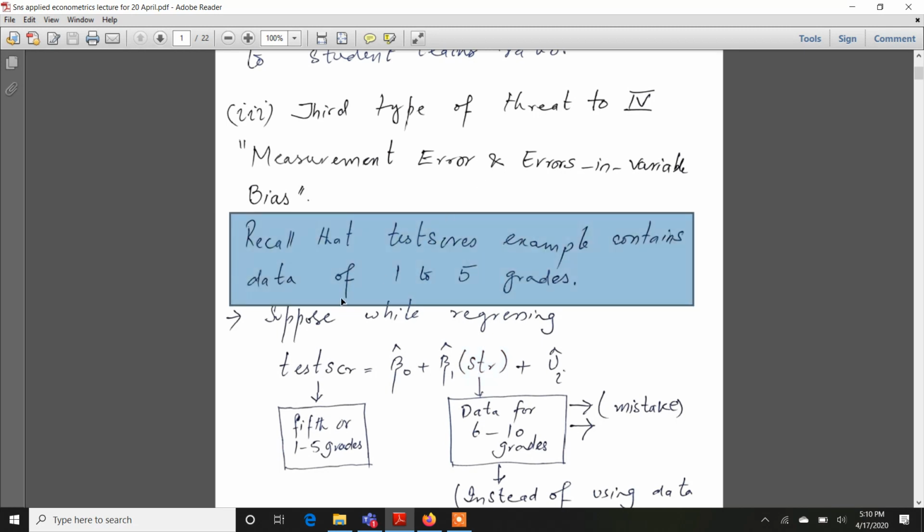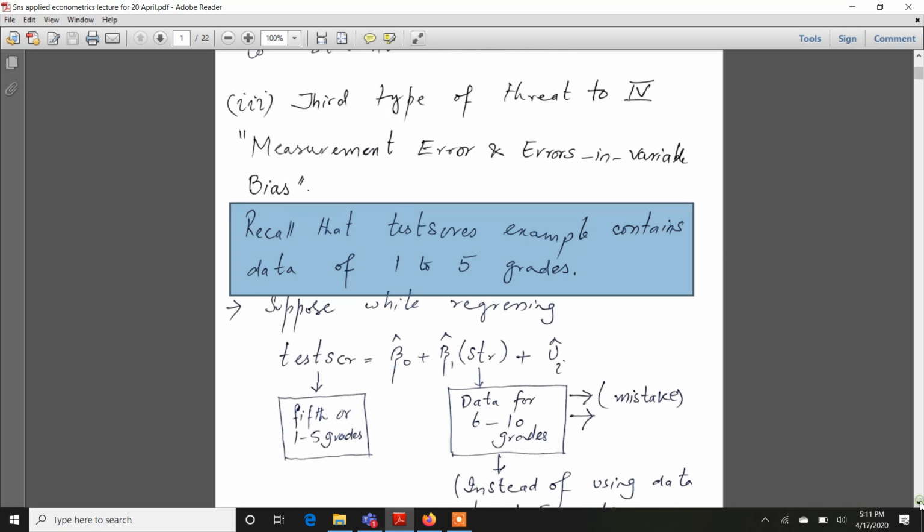I have to regress test score on student-teacher ratio, and my aim is to analyze the relationship between test score and student-teacher ratio in grades 1 to 5.